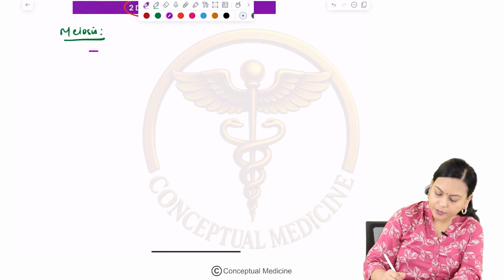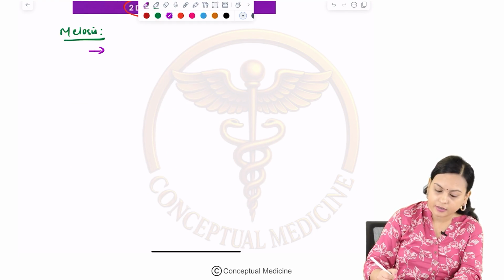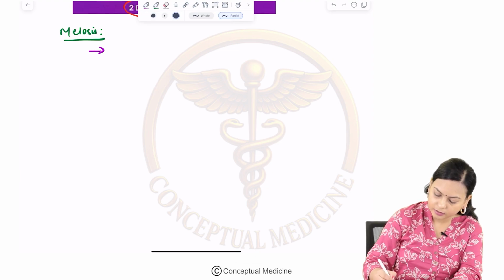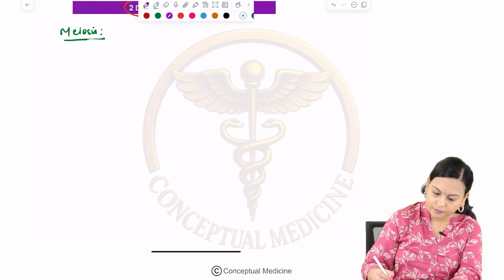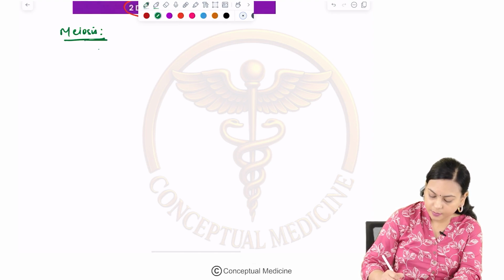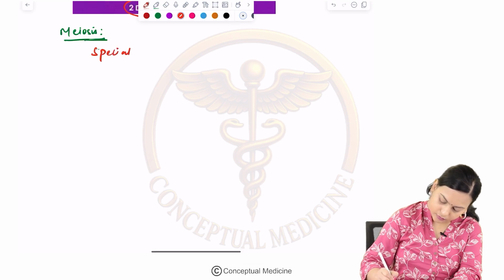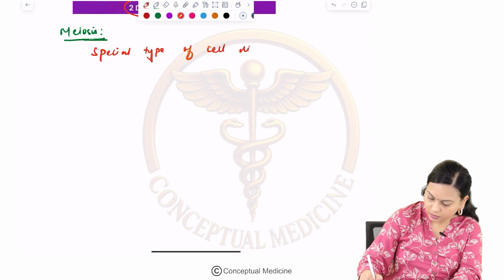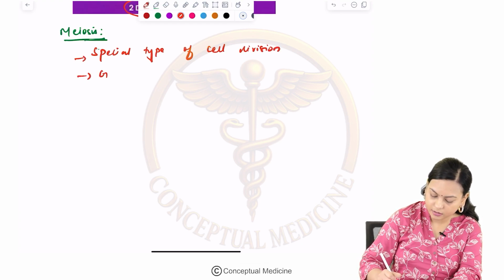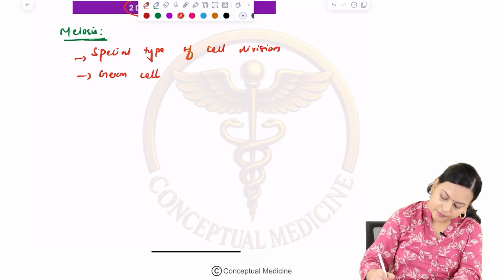Next, we will see meiosis. Meiosis is a special type of cell division that happens in the germ cells.